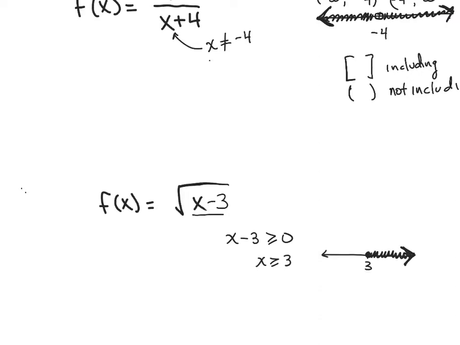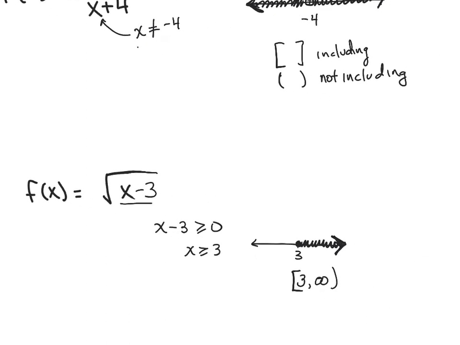To represent what I've drawn here, the grouping symbol that means including is a bracket, and the lowest number in that interval is 3, and the highest is infinity. So the domain is 3 to infinity, including 3.